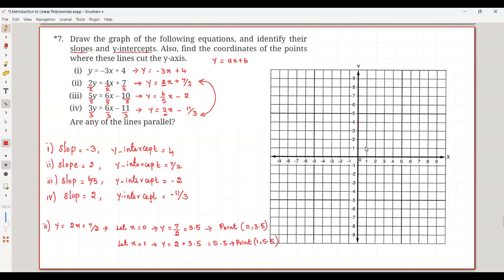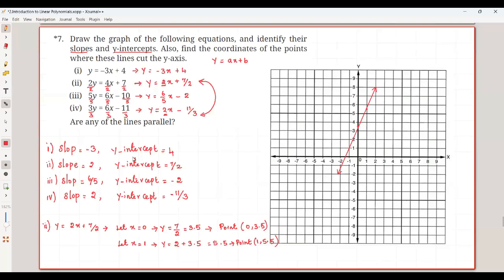Next 1 comma 5.5. This is 5, this is 5.5. Now I can just join the points. Yes, it's joining. So this is one of the lines.